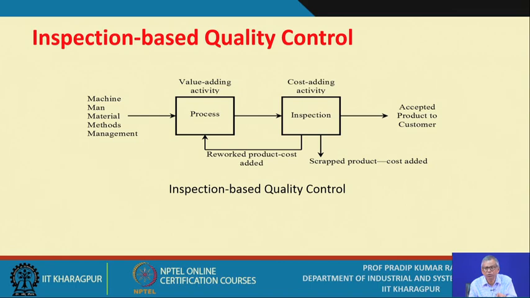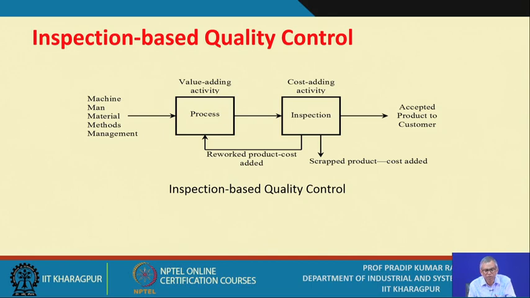Now the process could be 1 step or 100 steps, depending on the process plan you have for the product and the manufacturing system which you have. So it is a value adding activity, because at each stage for the manufactured product, you change the shape and size of the product. These are value adding activities.